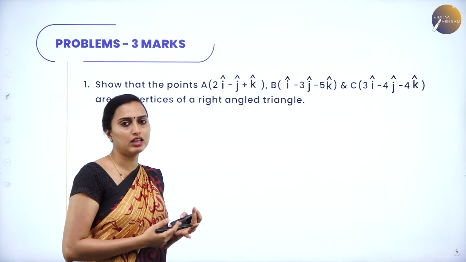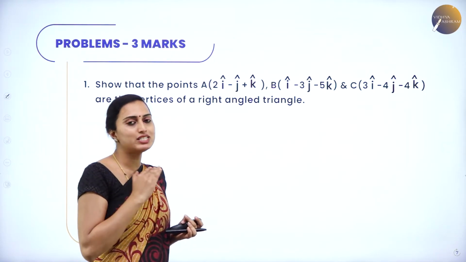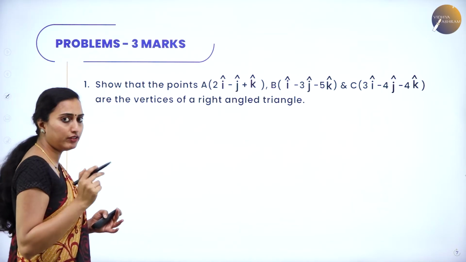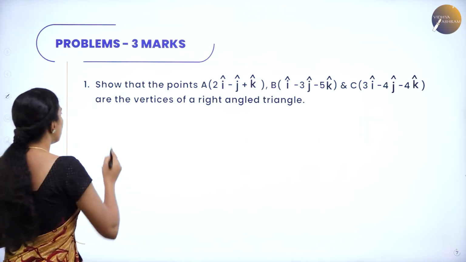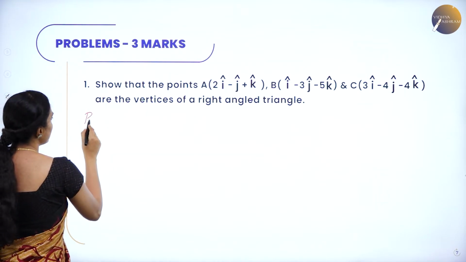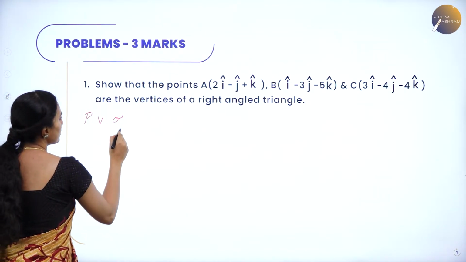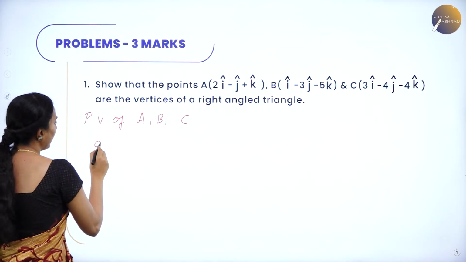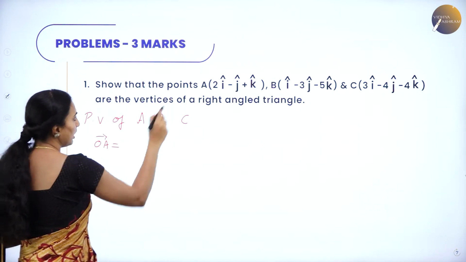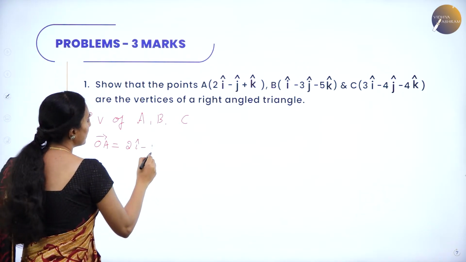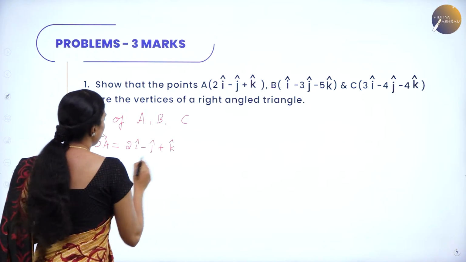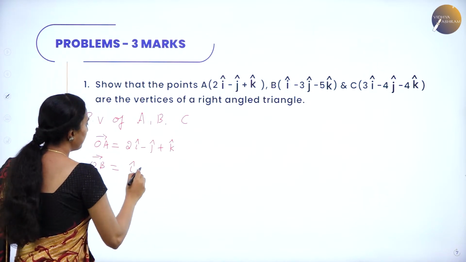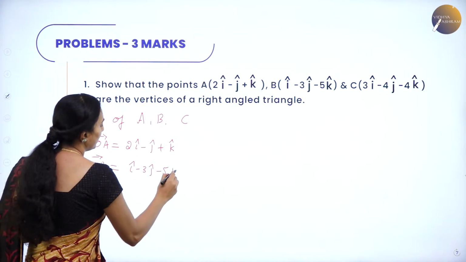Here instead of taking that, you are going to take the vectors. So first let us find out the position vectors, dears. OA vector is given by, I am writing position vectors of A, B, C. So you can write OA vector as 2i cap minus j cap plus k cap, correct? Similarly, OB vector is given by i cap minus 3j cap minus 5k cap, right?